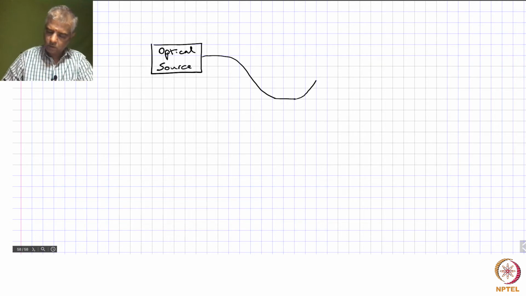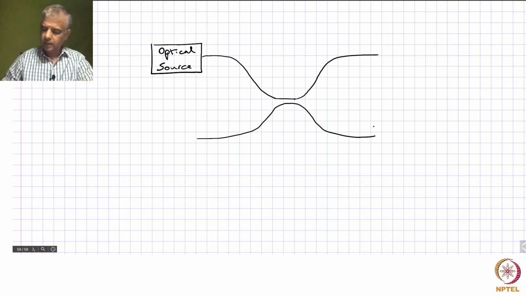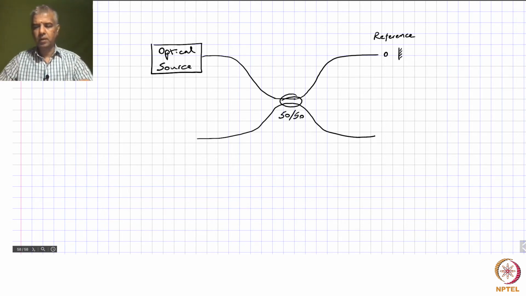You send it through a coupler, and as we did before, we use one arm of this 50-50 split light as a reference arm.